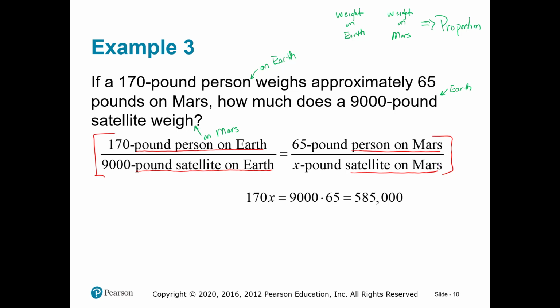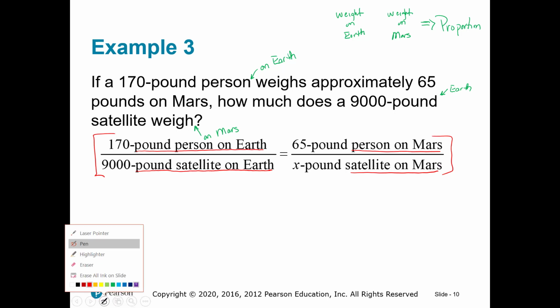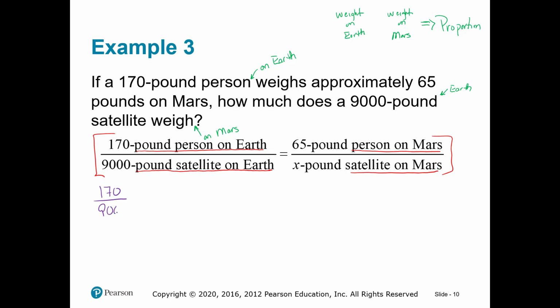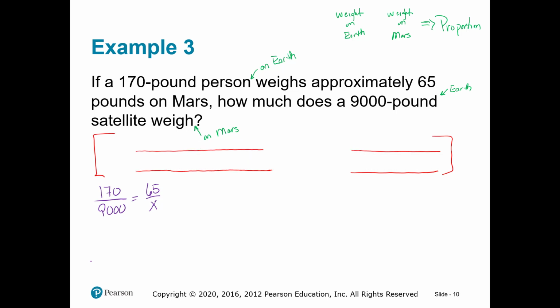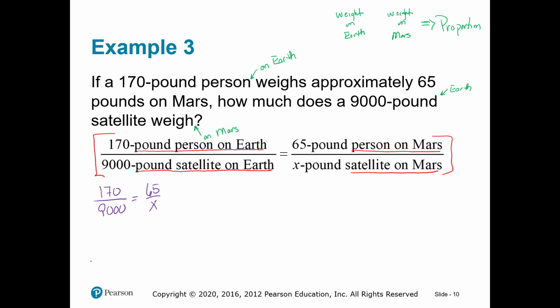Now, let me back that up a second. And let me do just a little bit of a rewrite. Because in math, we usually don't write the words. So basically, we have 170 over 9,000 equaling 65 over x when you take the words out. Do you agree? Okay. Now, do I have one fraction equaling another fraction? Yes.